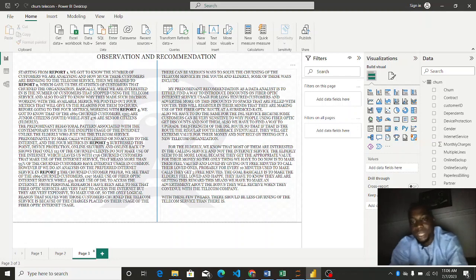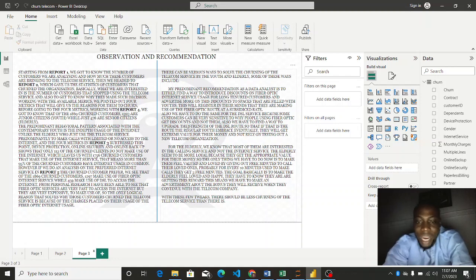And also we have to take into account the elderly too. We can't just say, okay, because we have fewer elderly joining the organization, we can just leave that part untouched. For the elderly, we know that most of them are interested in the calling service and not the internet service. The elderly seem to be more loyal because they get their appropriate value for their money. So the only thing we have to do now is to make them feel valued and loved by giving out free minutes and calls, like 3 minutes to call their loved ones.